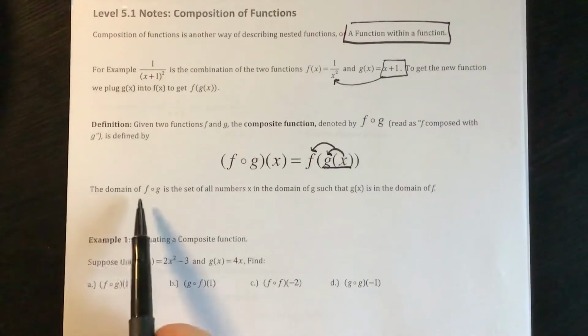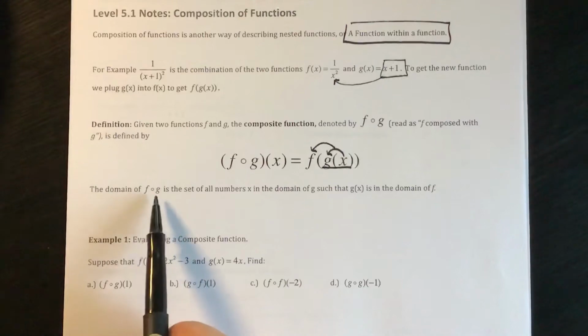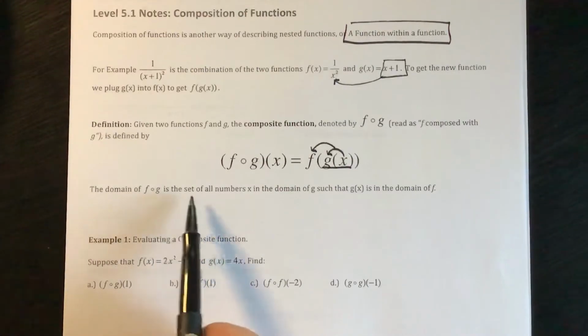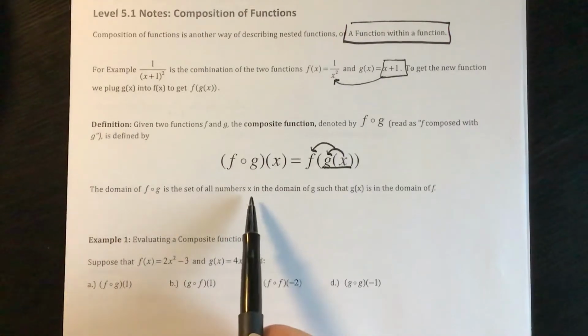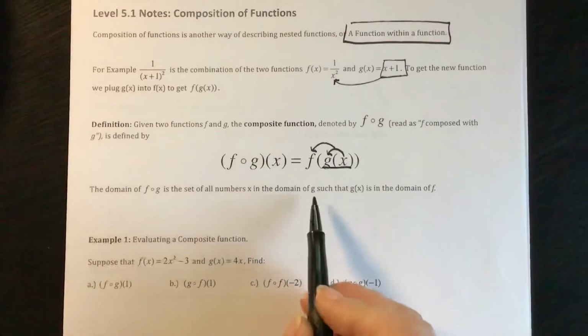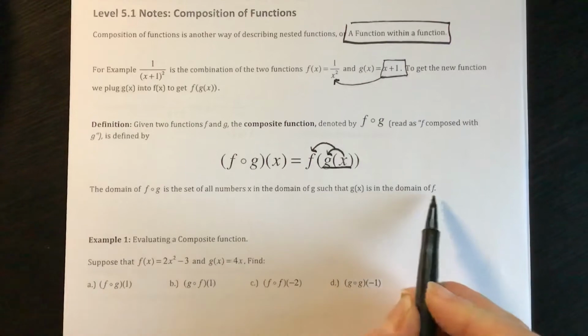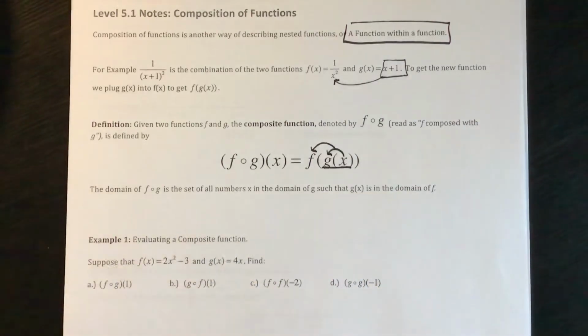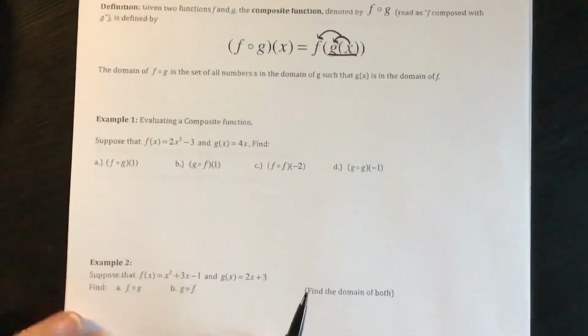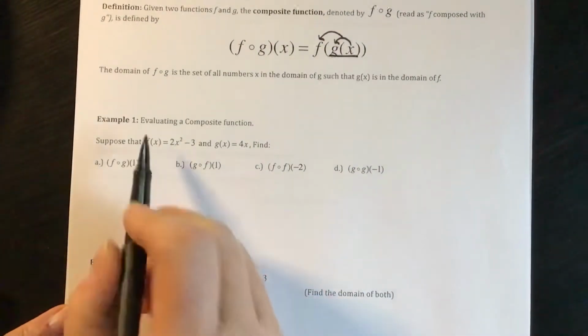Then it says the domain of the composition of functions is the set of all numbers x in the domain of g such that g of x is in the domain of f. And we're going to talk about domains specifically in a little bit. But if I look at the first example, I have two functions.